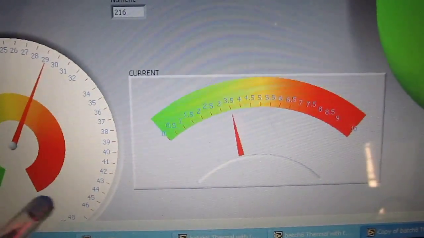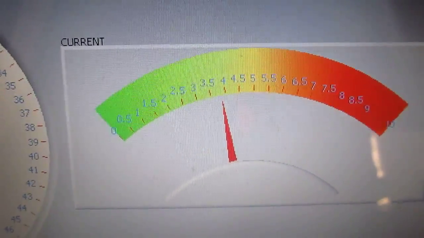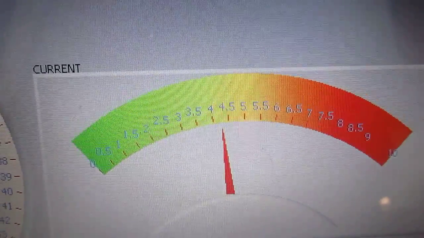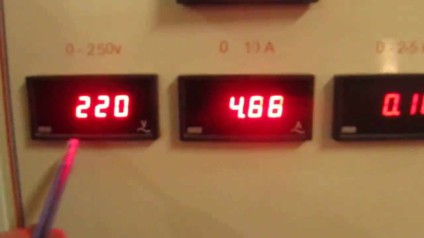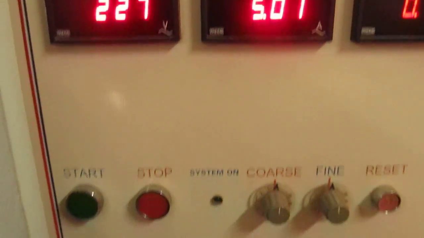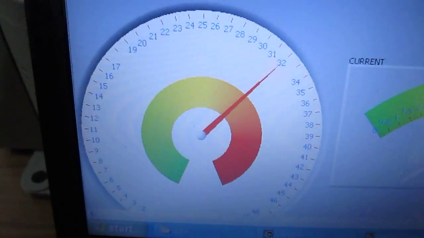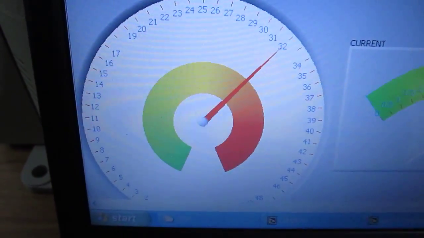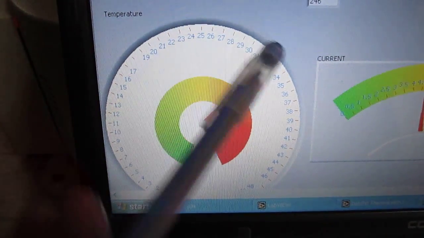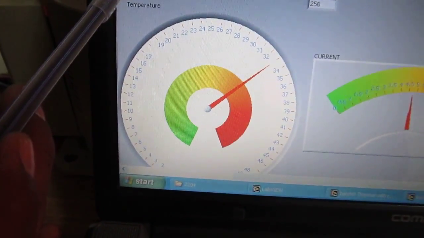I will load up to 5 amperes. Current is increasing gradually. Now I loaded almost 5 amperes, but the actual operating temperature is 32 degrees centigrade, while our limit is 40 degrees centigrade.